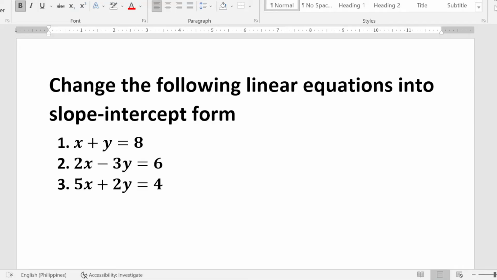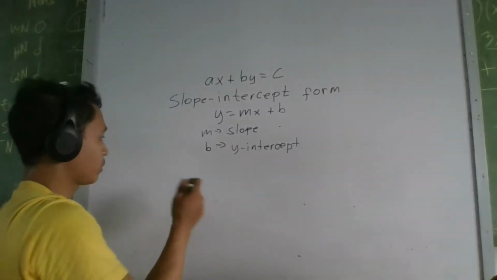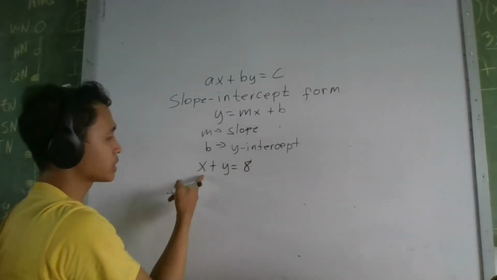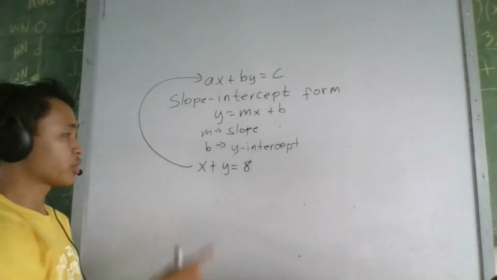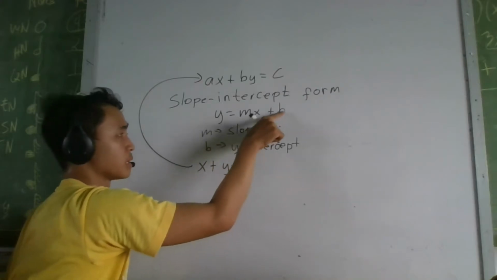So let's say we have: change the following linear equation into slope intercept form. Number 1 is x plus y equals 8. Yan yung number 1 problem natin. As you can see, this is in standard form. You are asked to change this into slope intercept form, and that is y equals mx plus b.